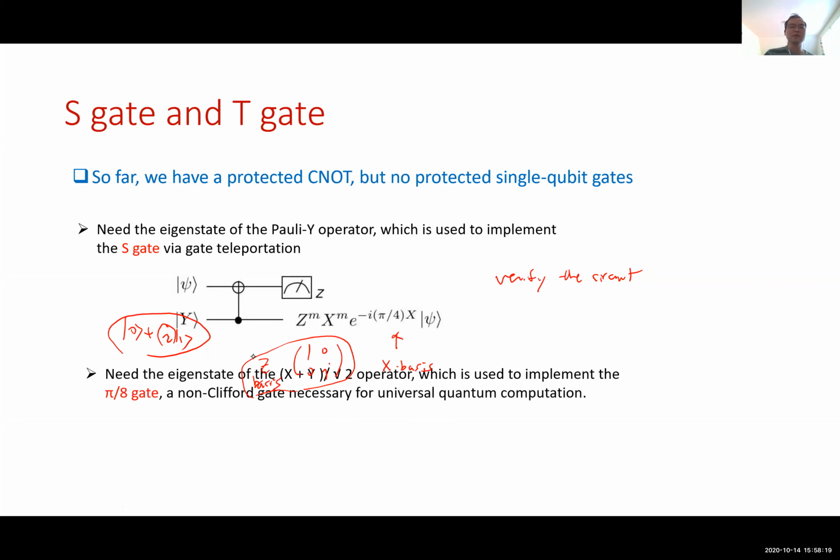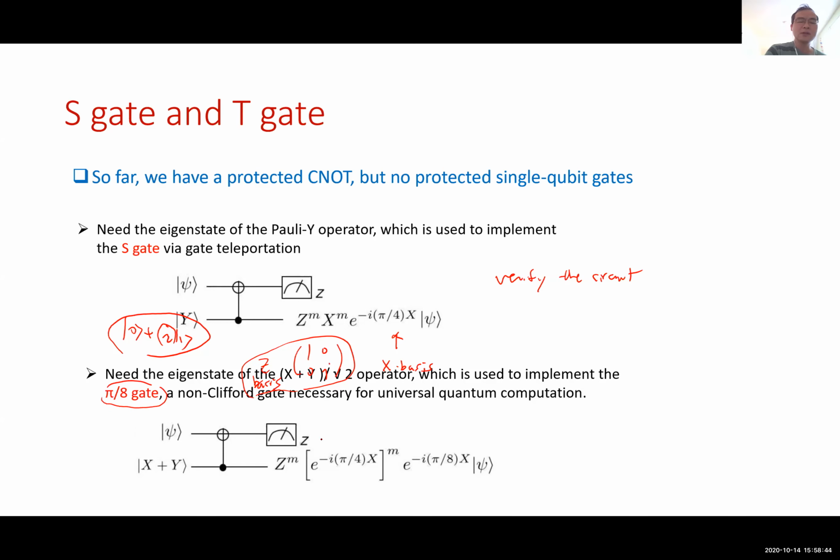To get non-Clifford, we need the eigenstate of X plus Y, which is used to implement the pi/8 gate. So when we say pi/8 gate, in the language above, I think this is U pi/4.